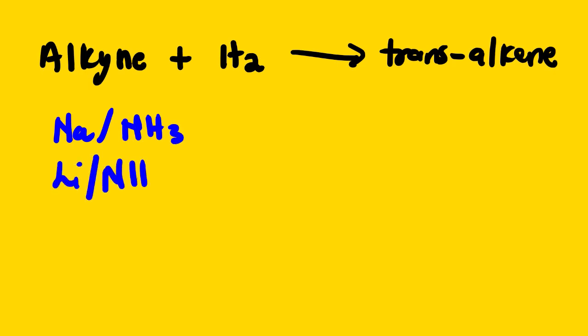So we are going to use metal ammonia. The first common one is sodium with ammonia, NH3, or we can have lithium ammonia. Just know that whenever we use these, we are going to yield a trans-alkene. This reaction is anti-stereochemistry, meaning that it will yield groups on different sides.